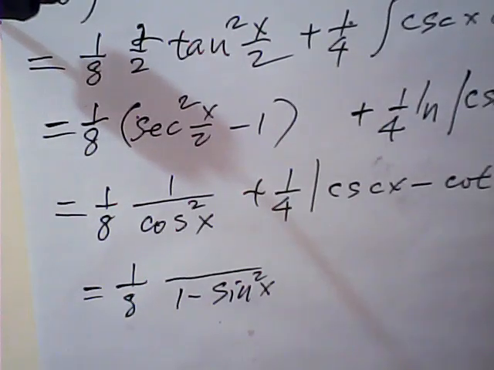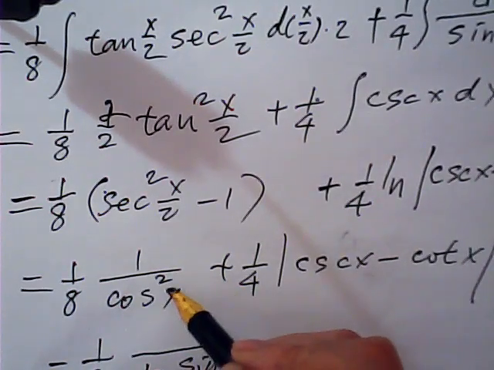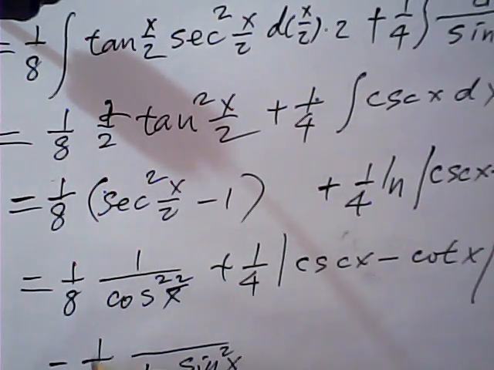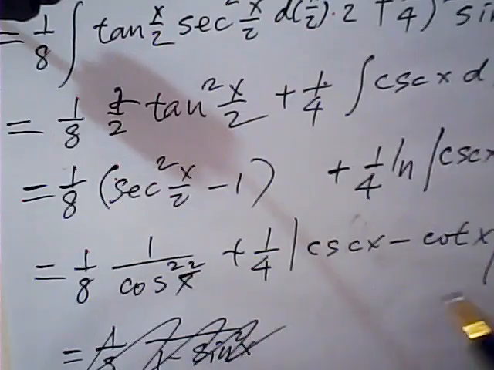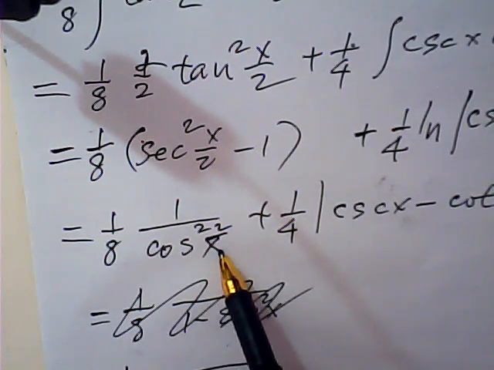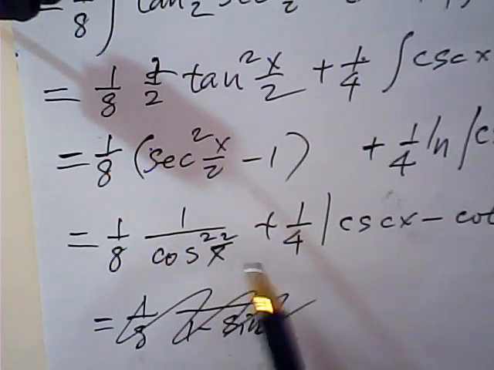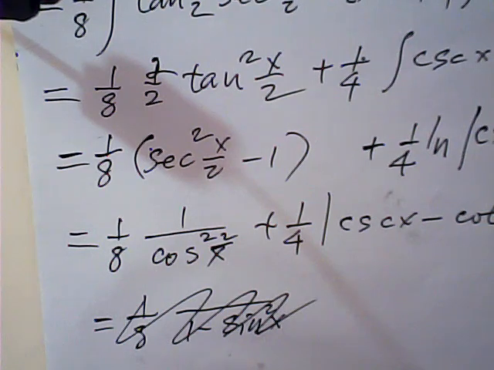I try to simplify that one. This is half x, right? So this is half x, I'm sorry. This is 1/8 cosine half x. Cosine half x is equal to 1/2 cosine square plus 1, isn't it?